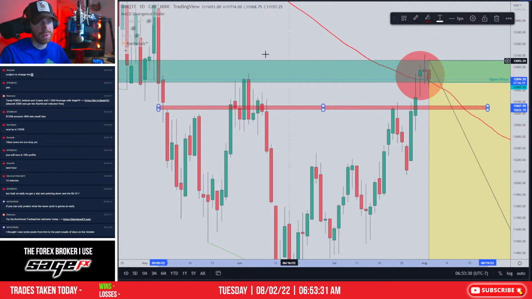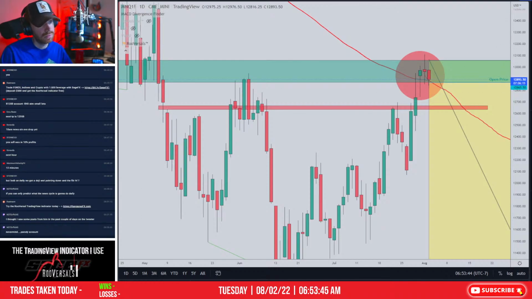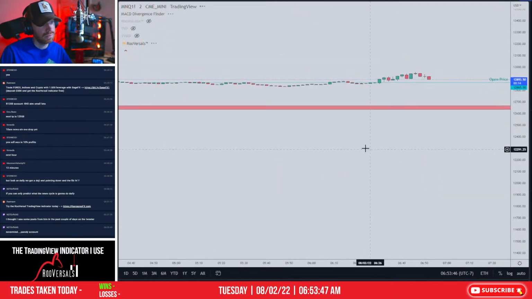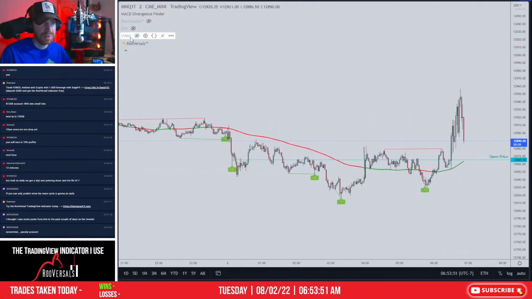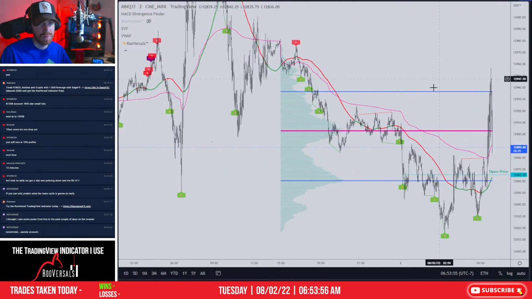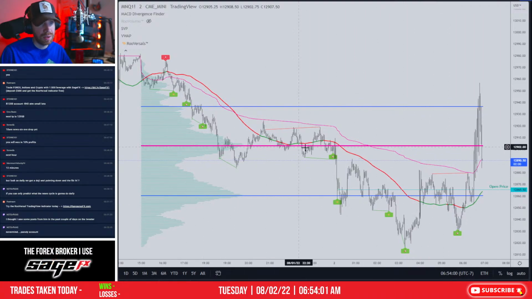Like 12,650. Boom. We might see some crazy shit today. A fake account, Phil? Damn, we've had a volume shift now. That pink line was down here earlier. Now the most volume traded is right here at this line.